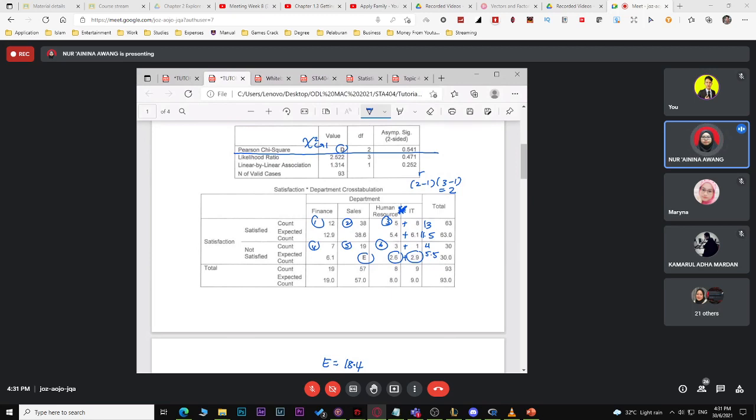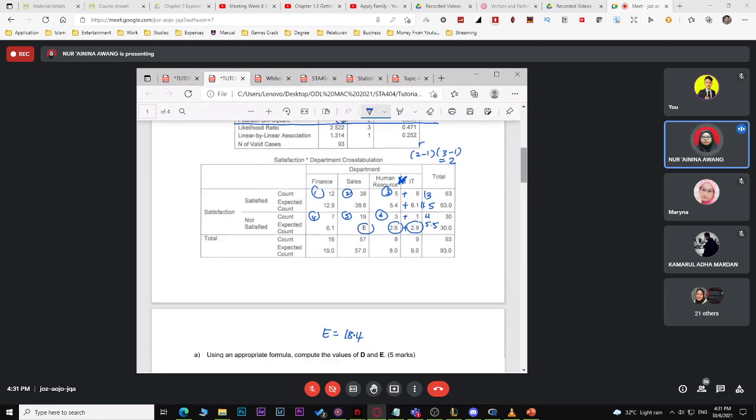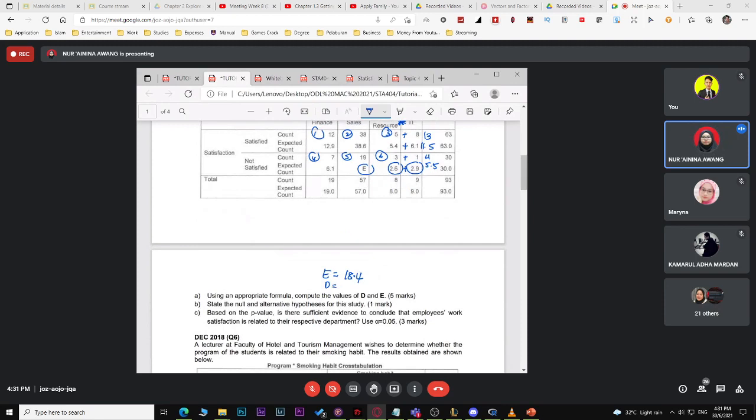This one is the same, 4 minus 5.5 square over 5.5. So you will get the value for your D, chi-square calculated, which is 0.8293. Okay, this should be the value for your D. And also your E. Alright, so for E you have already calculated 18.4, so you just substitute. Okay, 19 minus 18.4 square over 18.4. So you will get this value.